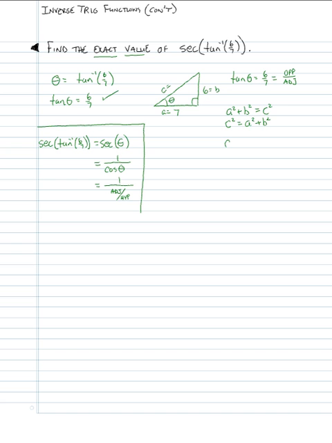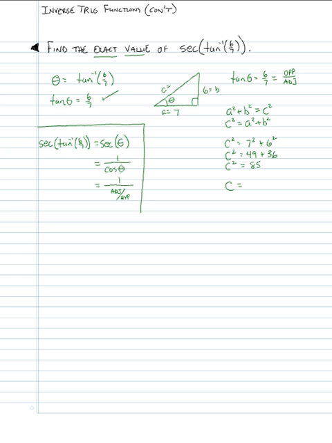And so C squared is going to be 7 squared plus 6 squared. And 7 squared is 49, and 6 squared is 36. And so 49 plus 36 is 85.